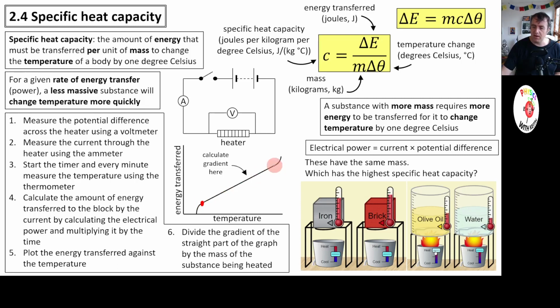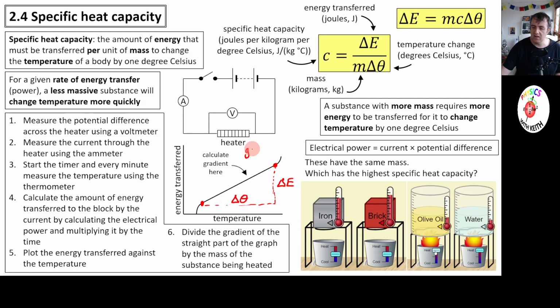Now, if we look at the straight part of the graph, let's take it between these 2 points. If you were to measure the gradient of this straight part of the graph, using a ruler and so on, what you would get is a change in the amount of energy in the thermal energy store of the block or liquid. So that is delta E, the energy that's been transferred into there, and the change in temperature.